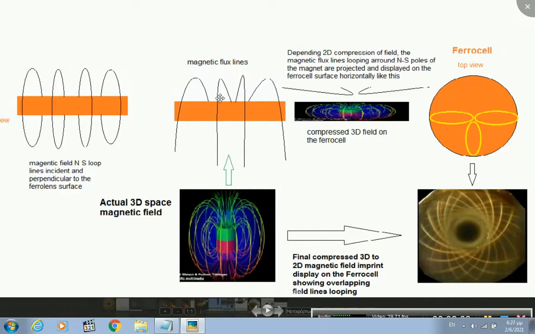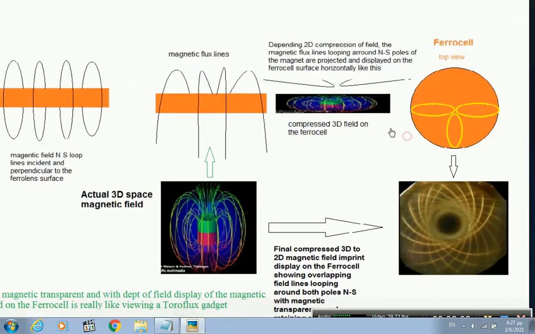So what happens now is, imagine this line laid on the ferrocell surface on its side, like this. Because the whole field is now 2D compressed, but not totally compressed, it still has some 3D information. The plane of these lines is going vertically; imagine now that these lines are horizontally projected.